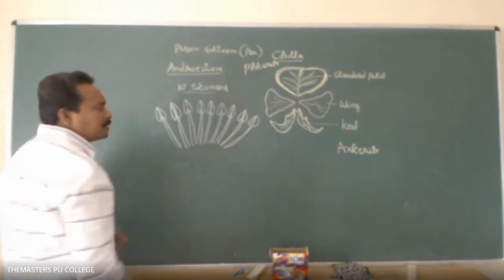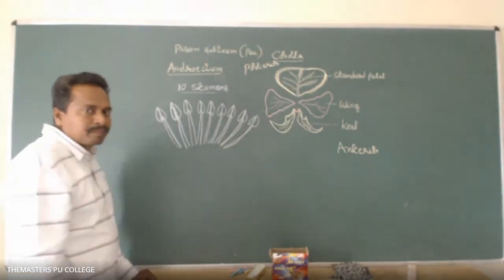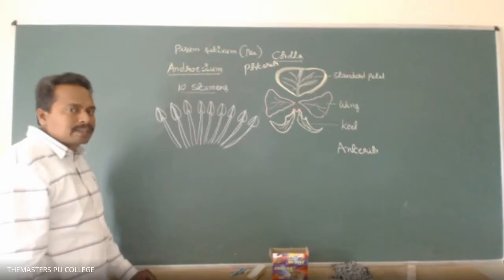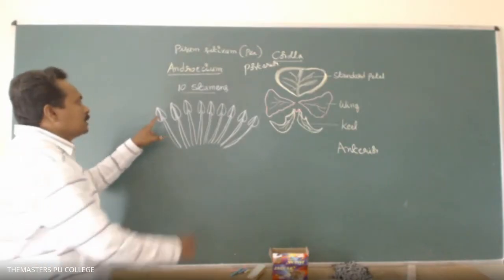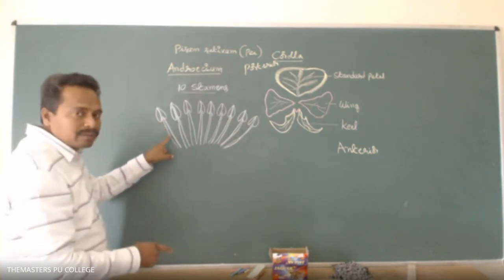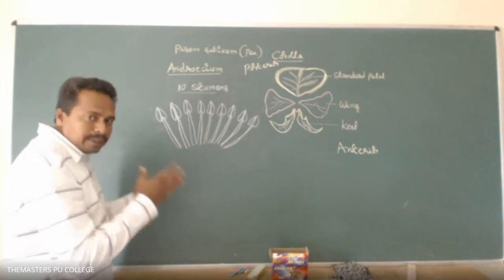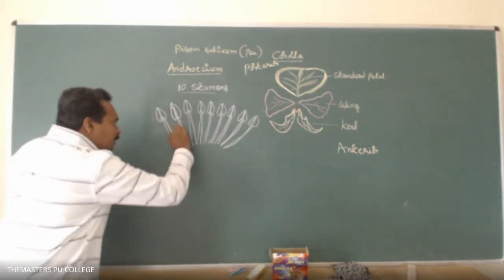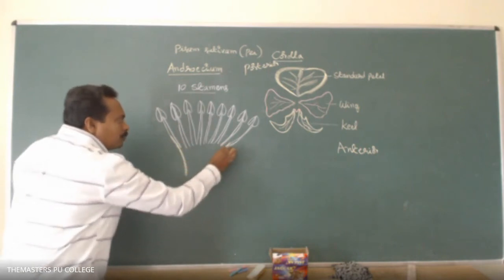Here I have drawn how many stamens? Nine. Nine stamens, right? The stalk of the stamen is called a filament. So these filaments are united, fused to form one bundle.